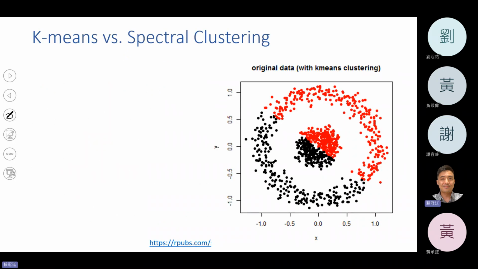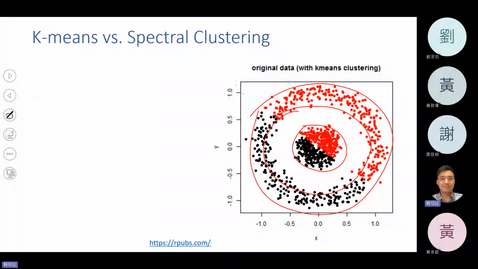To solve this problem, we have another method that considers the interactions between data. It's called spectral clustering. Suppose we want to separate two groups that look like this: one is a circle, and the other is a circle inside a big circle.